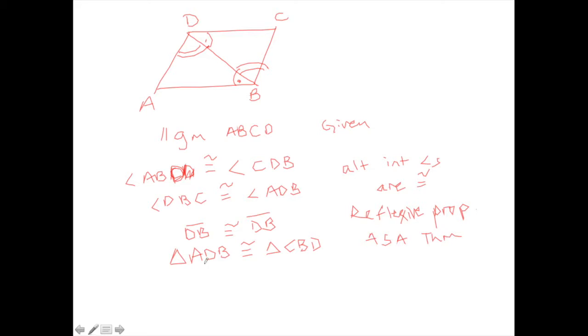And from that, we can conclude that AD is congruent to CB and AB is congruent to CD because corresponding parts of congruent triangles are congruent.